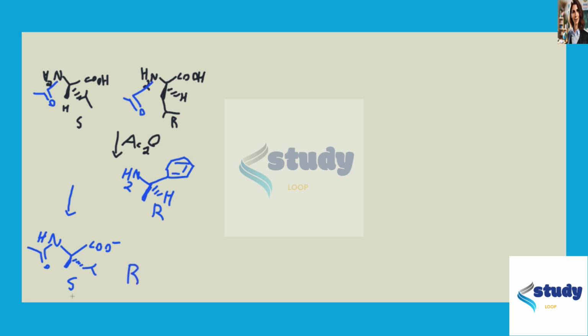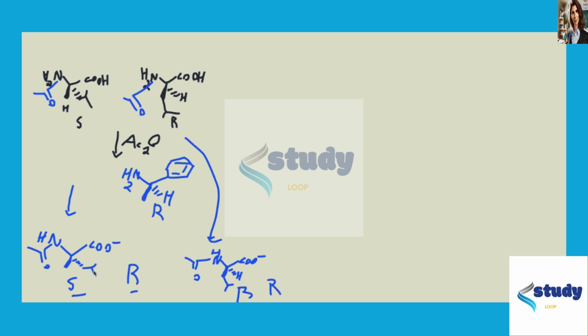So we have now SR, which are diastereomers, and then we'll have the R also coming through, and then the original R from this resolving agent also going to come through.